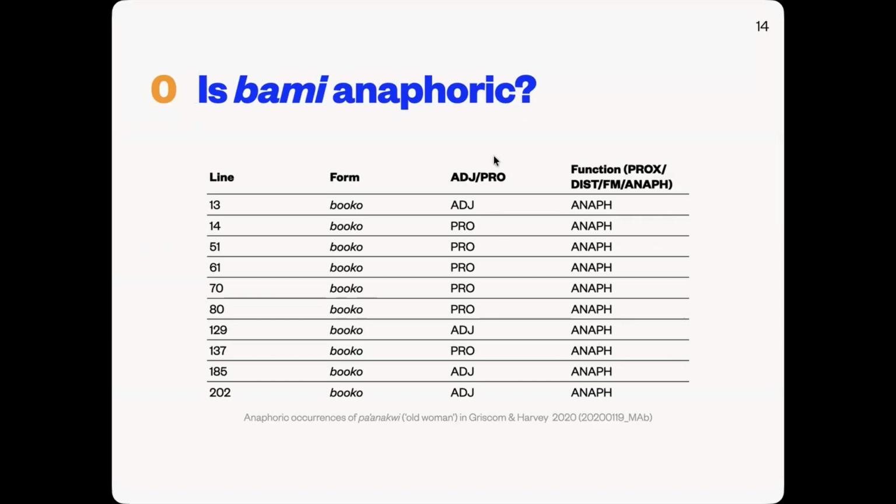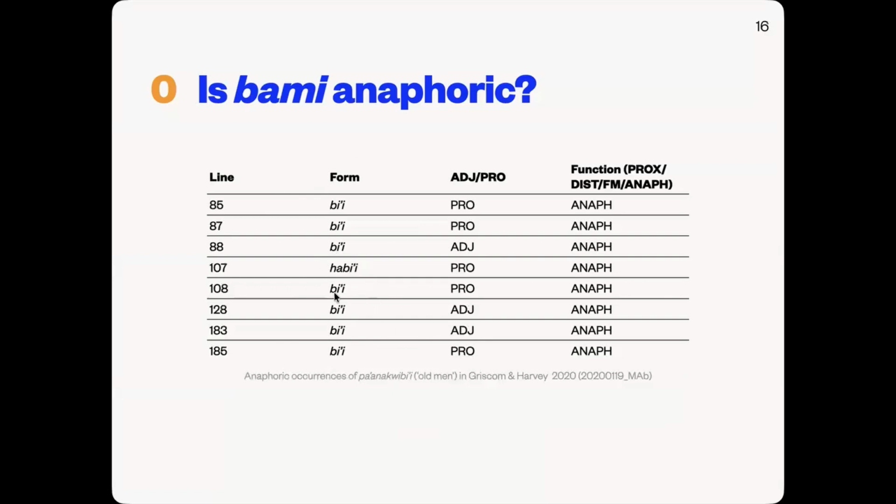Here you can see the tracking of the referent Panakwi, old woman, and you can see it's always retrieved by bami. This is, of course, feminine singular. And then we have the anaphoric occurrences of Panakwi Bi'i, old man. As you can see, mostly they use bami.